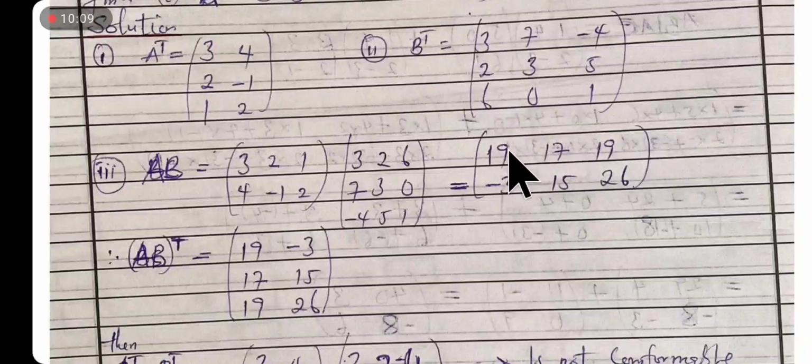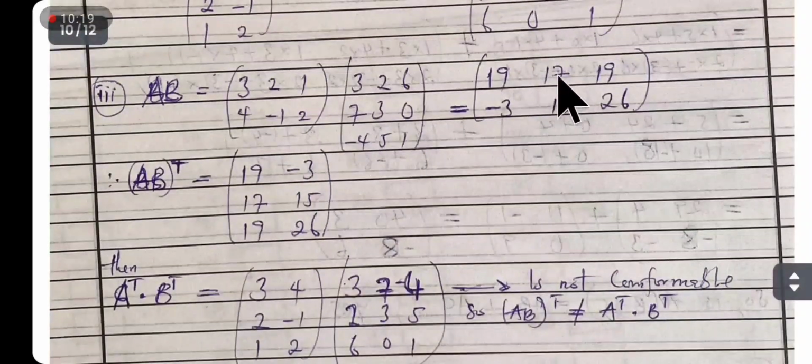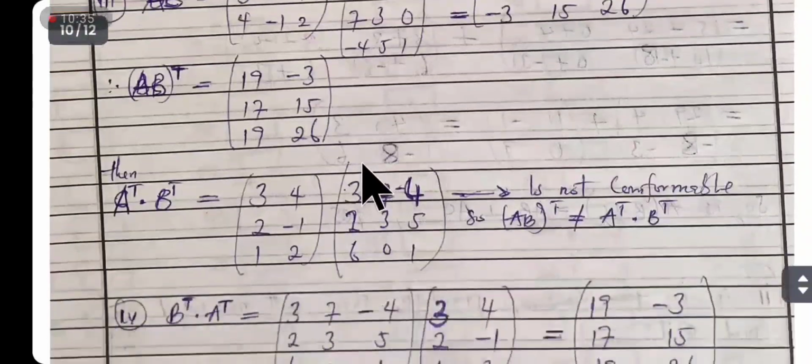If you have not learned that, go and learn how to multiply two matrices in my previous videos. It's already there. If you have gotten this matrix from the multiplication, then the transpose of this is going to be this. Why? Because in transposing, the first row becomes the first column, and the second row forms the second column. That is how to find the transpose.